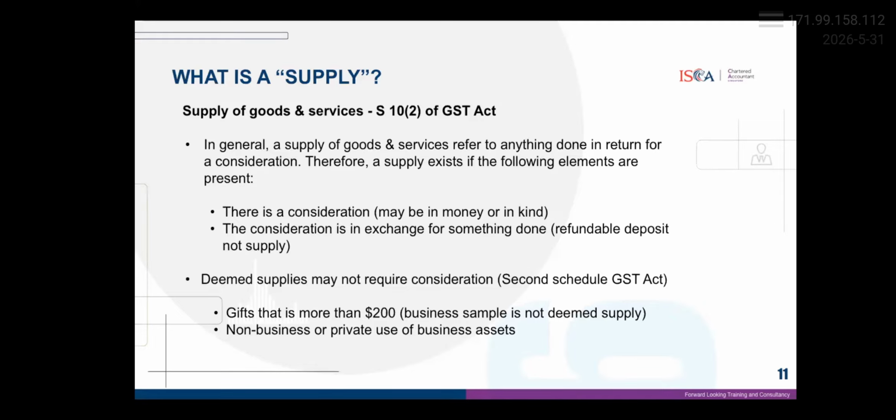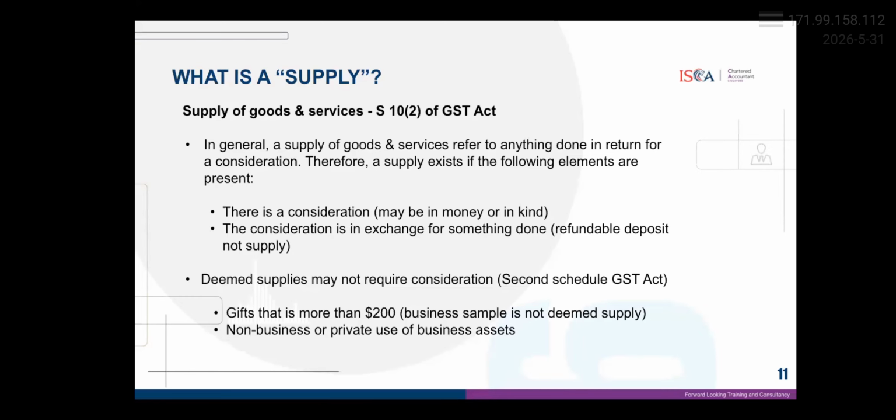A deemed supply, on the other hand, may not require consideration. The deemed supply is governed under the Second Schedule of the GST Act. A deemed supply is one where a transaction doesn't squarely fall within the conditions which have been shared just now, where there is a consideration and an exchange for something done.